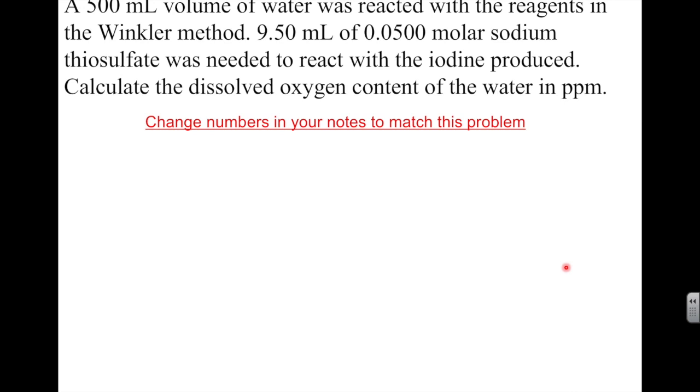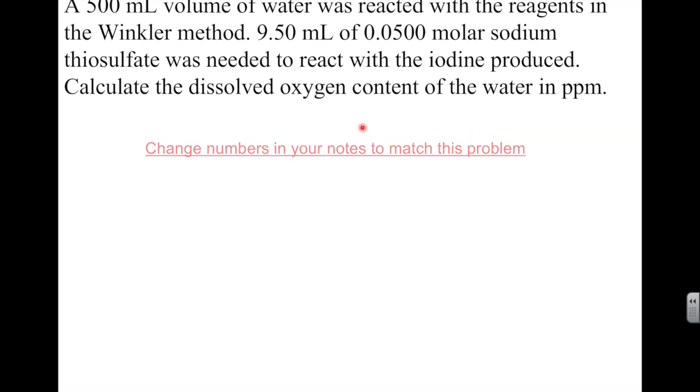So what happens is a 500 milliliter volume of water is reacted with the Winkler method, and then 9.5 milliliters of a 0.05 molar sodium thiosulfate is needed to react with the iodine produced. We want to calculate the dissolved oxygen content of the water.